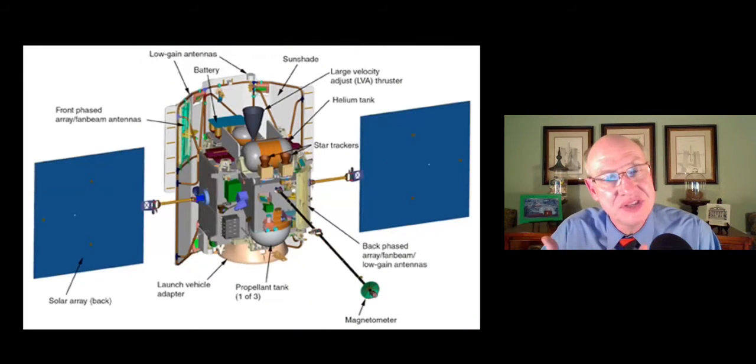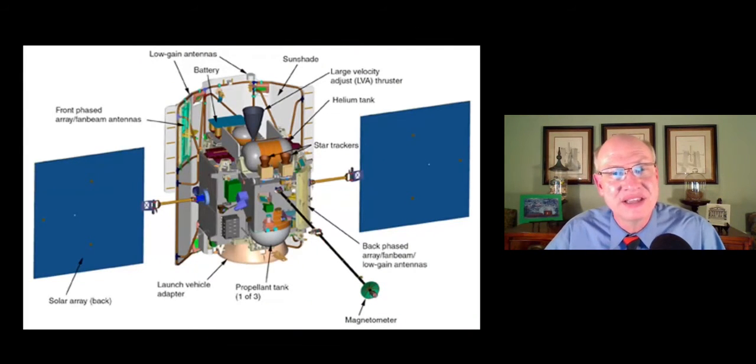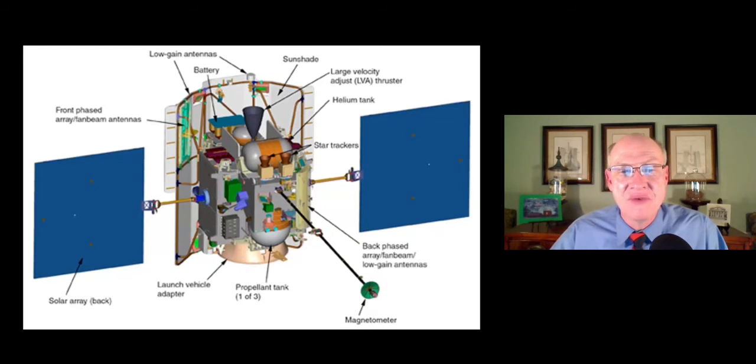So this is what the spacecraft looked like. Here is the sunshade, or sun shield, that protected it from the brightness of the sun, the solar array sticking out, and then all the equipment in the spacecraft: a thruster that was used for maneuvering the spacecraft, the computers, the electronics, the antenna here and another antenna here that were used to communicate with Earth, and this adapter down here that fit the spacecraft on top of the launch vehicle.